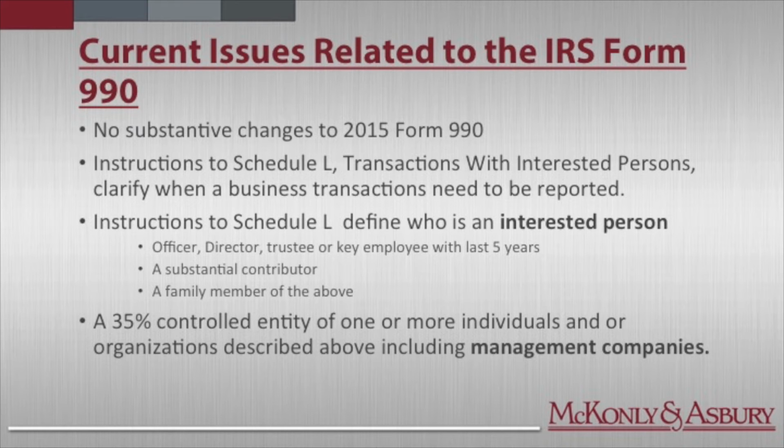You would then be required to look at the possibility of disclosing those transactions on Schedule L. Management companies also are a typical thing that many nonprofits have, and if that management company is owned again by a former director or a current director or officer, you may have to disclose those transactions with them.